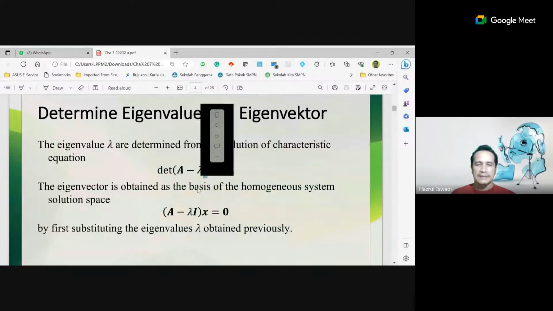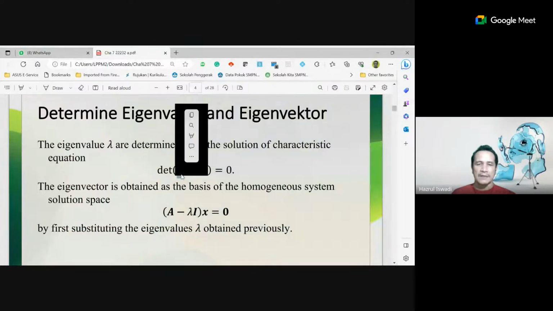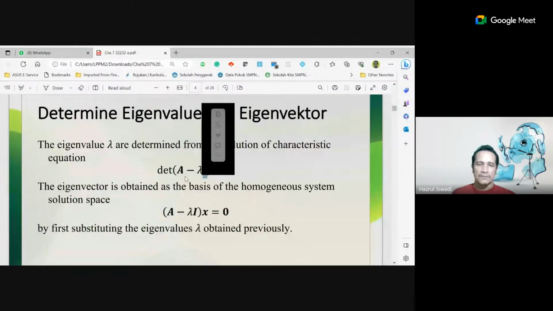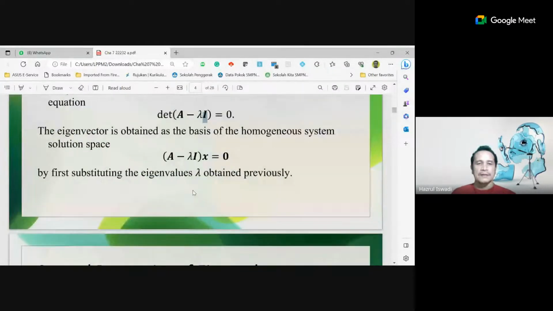This is the identity matrix. Depending on the size of A, 3 times 3, the identity matrix should be 3 times 3 also. If A is 4 times 4, then I is also 4 times 4.